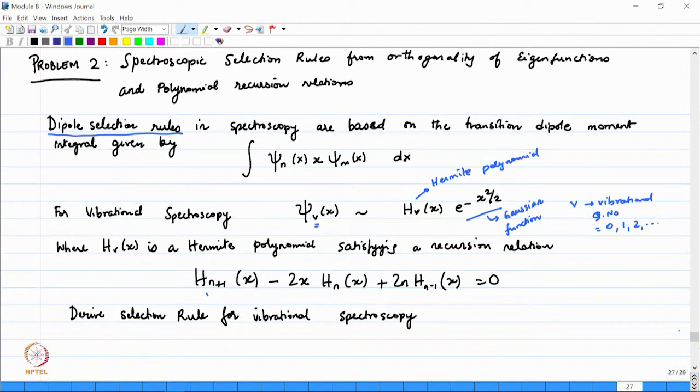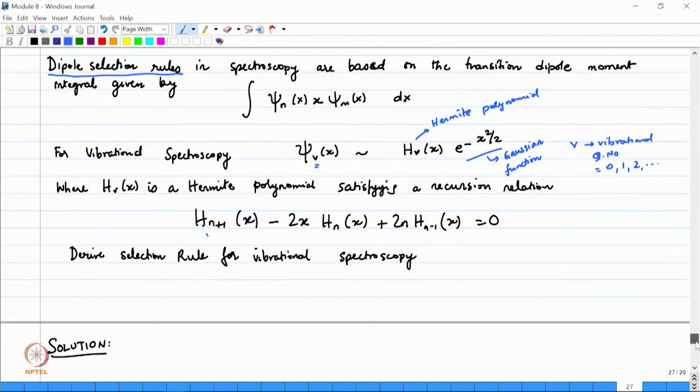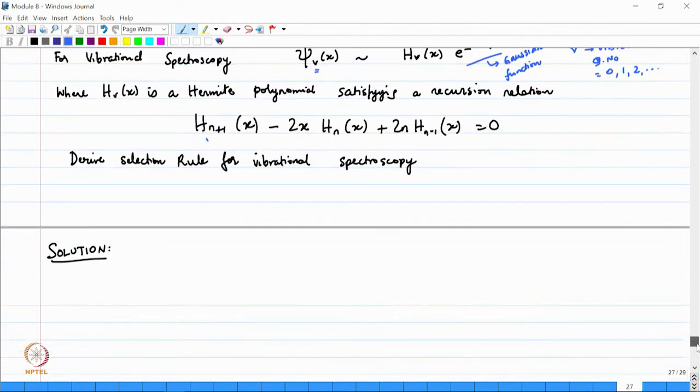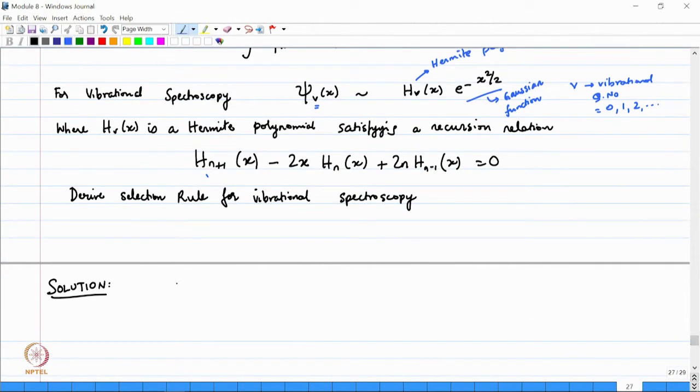Now, to solve this, this is not very difficult, you just take this integral. Let us write this integral. The transition dipole moment, integral psi v of x, x, psi v prime of x dx from minus infinity to plus infinity. This is the range of x for a Hermite polynomial or for the vibrational quantum number.